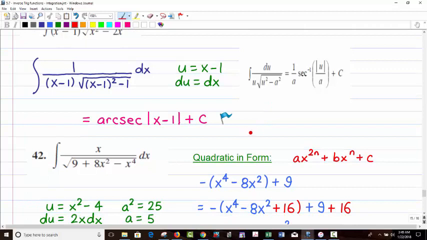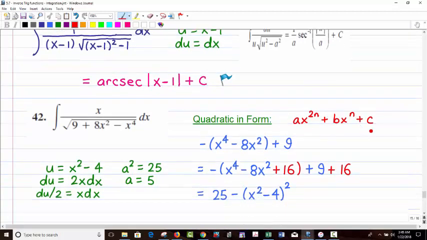I don't like using 1 much on tests because if you forgot to take the square root, you'd be lucky and get it right, because square root of 1 is 1. I'd rather it be something like 9 or 16 or 15. So you just end up with arcsecant of the absolute value of x minus 1, because the a's are both 1s, plus c, of course.